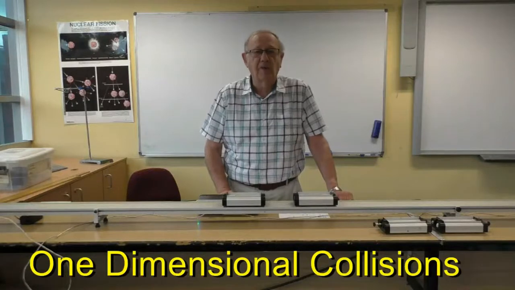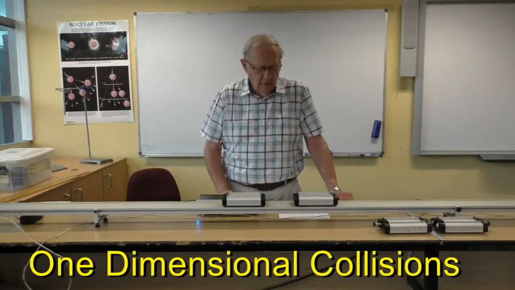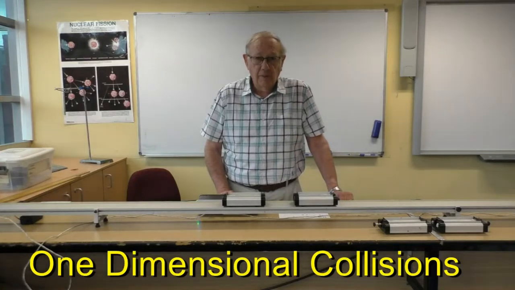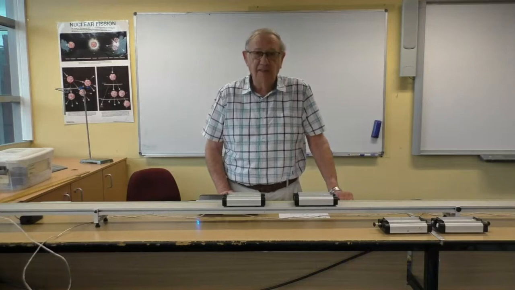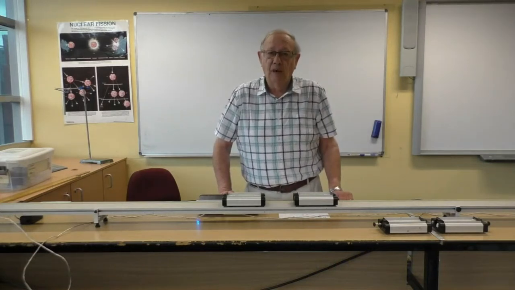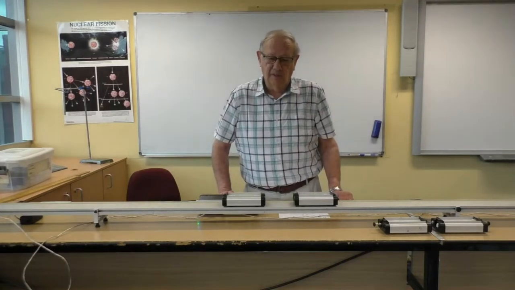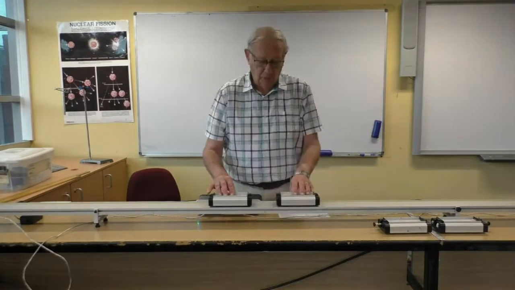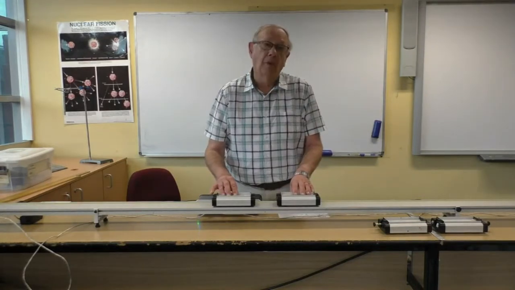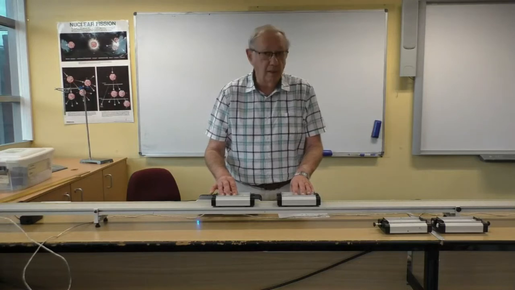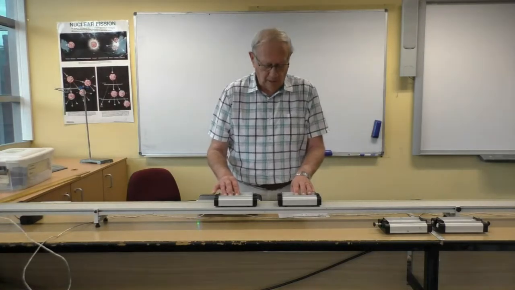In this demonstration, we're going to have a look at the conservation of momentum and the conservation of kinetic energy involved in one-dimensional collisions. What I've got here are two trolleys, and these enable elastic and inelastic collisions to take place.